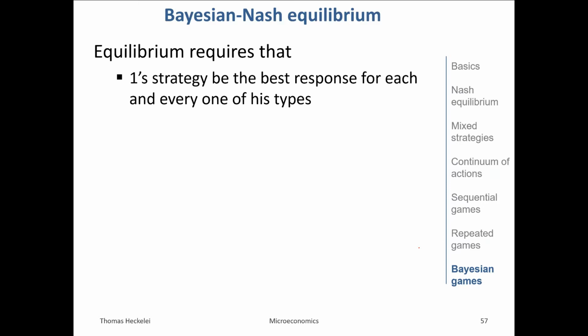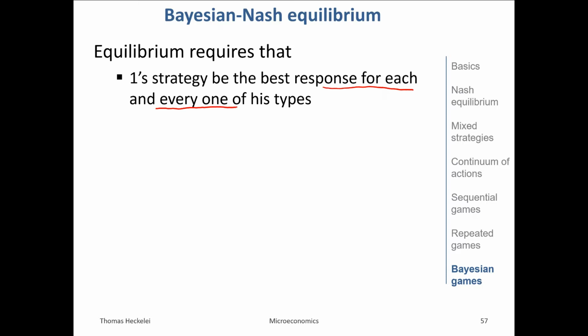So it's not only the best response for only one type, but must be the best response in every type. Keep that in mind. That's somewhat important for you when you try to search for the Bayesian-Nash equilibrium among several candidates.